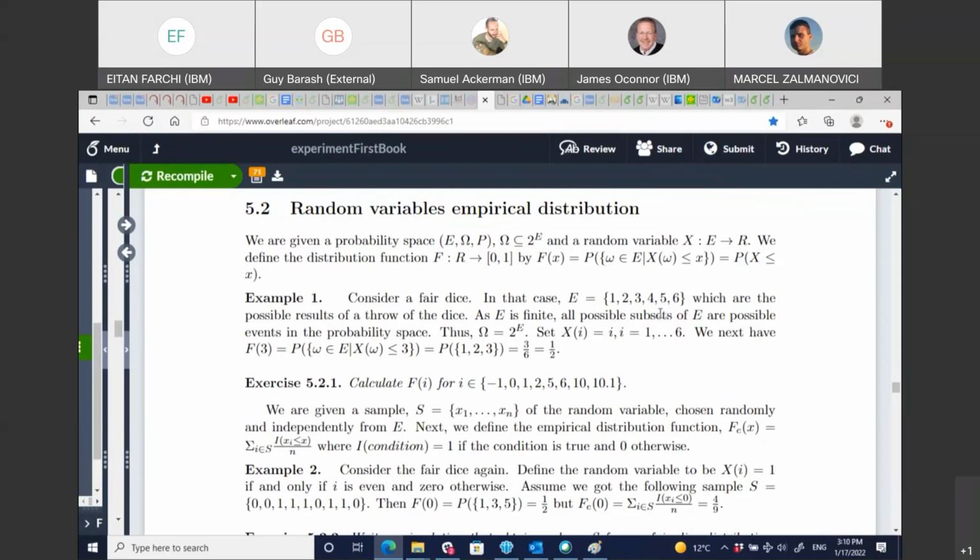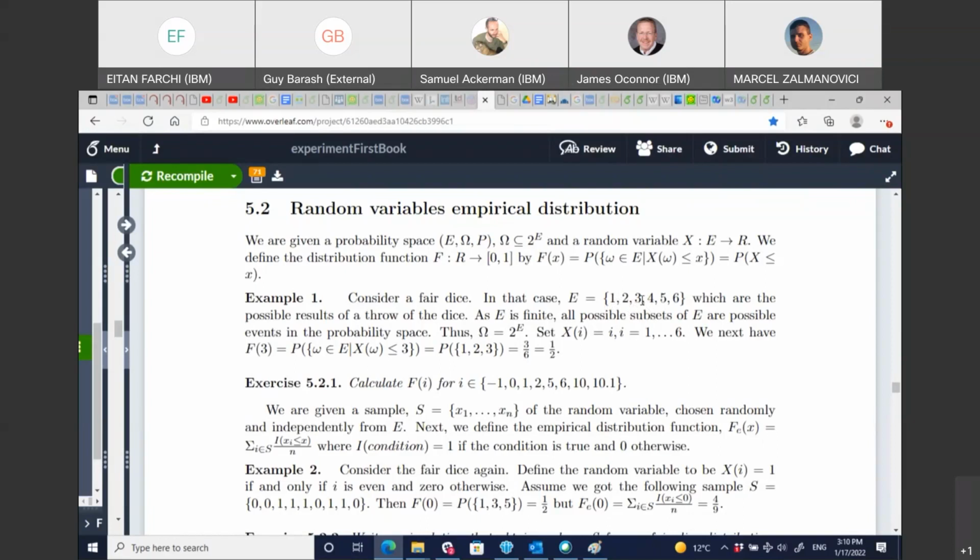So, as a result of that, I say that the probability of, say, getting side number 1 is 1/6, and so on. And the probability of getting a subset of 3 items is 3/6, which is a half.